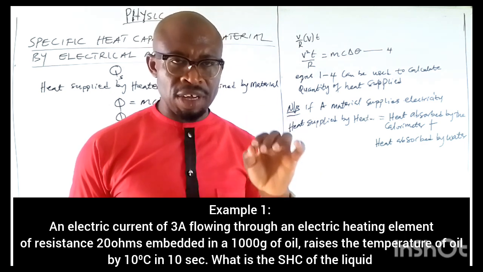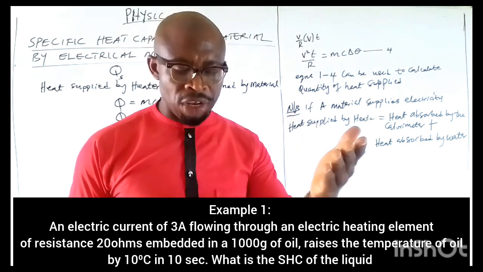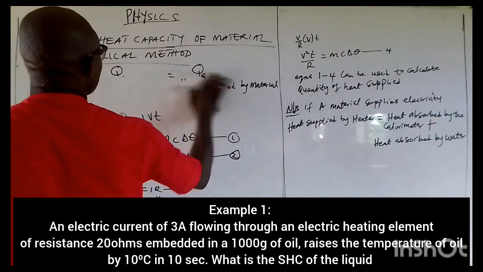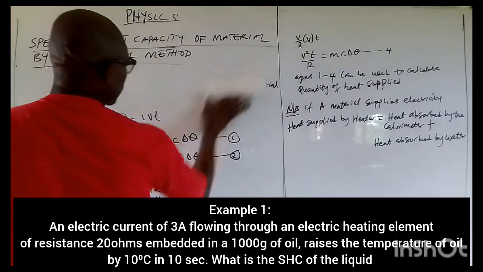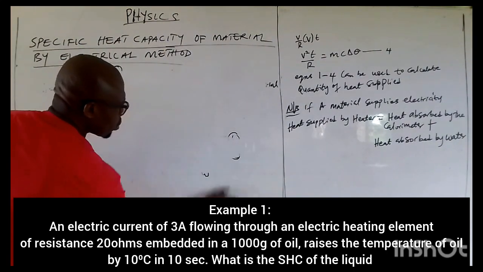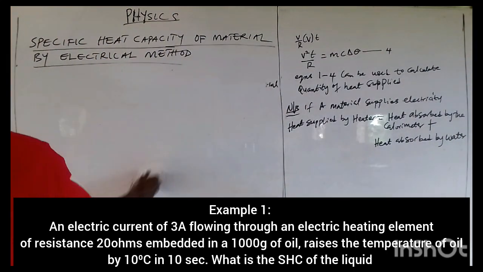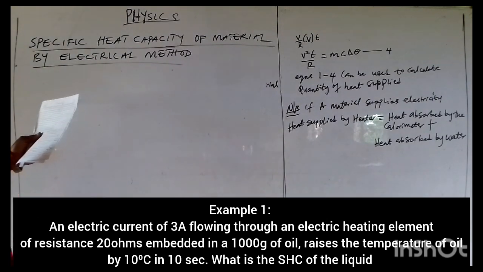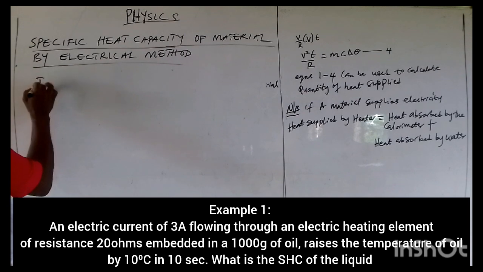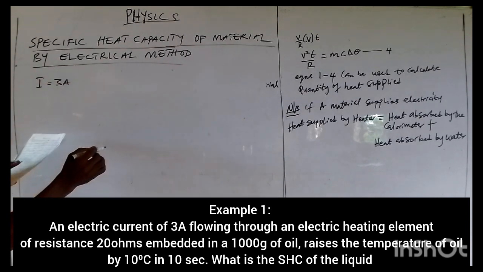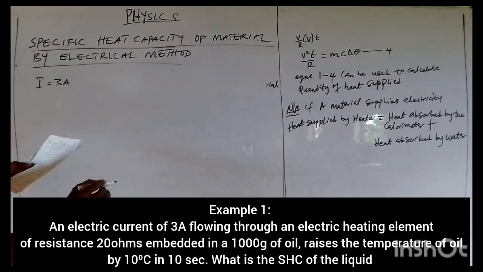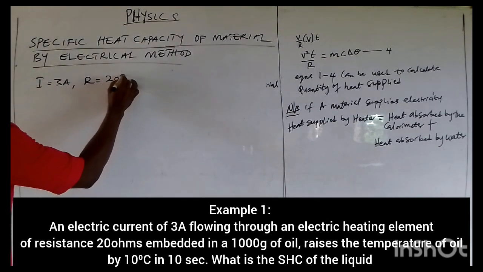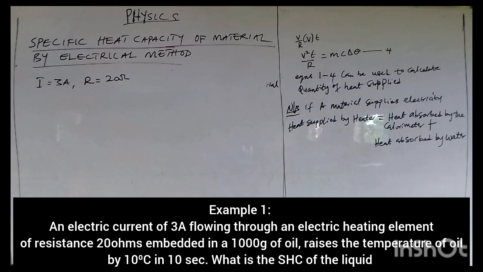What is the specific heat capacity of the liquid? From here, the current flowing is 3 ampere. The resistance is 20 ohms.